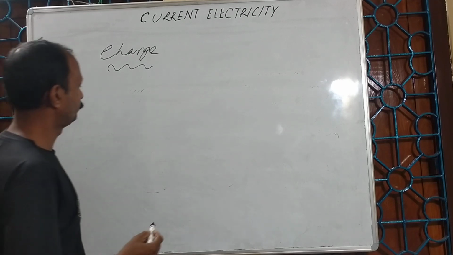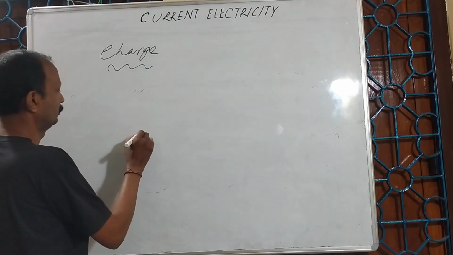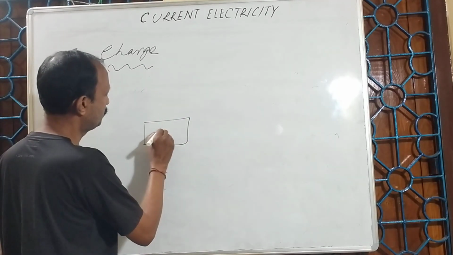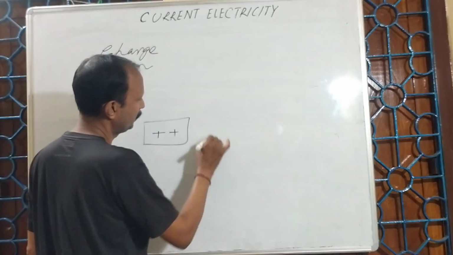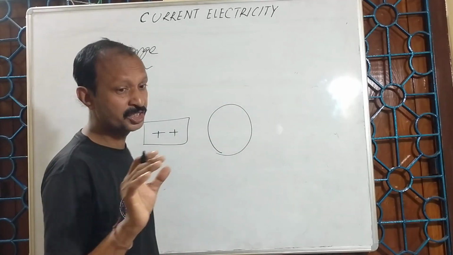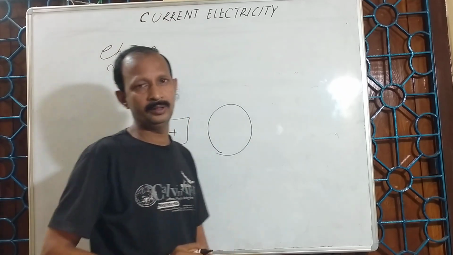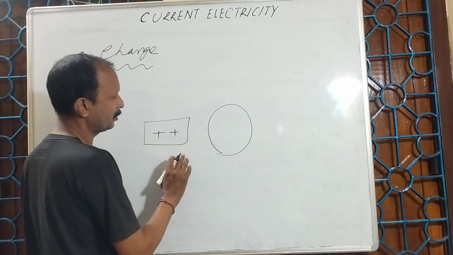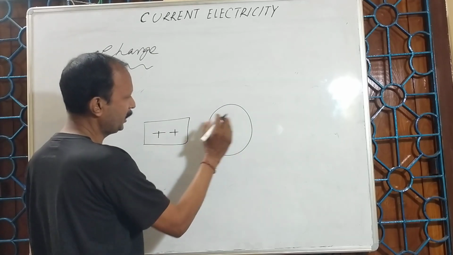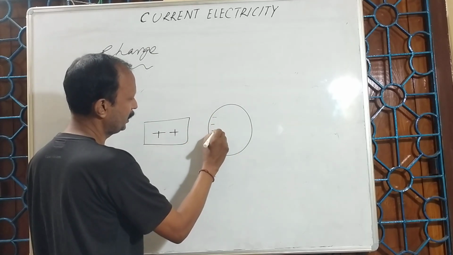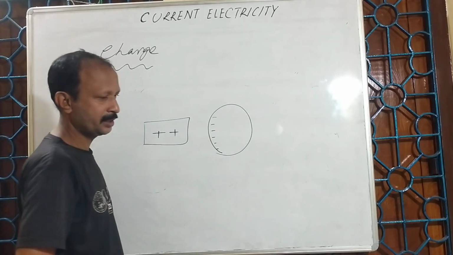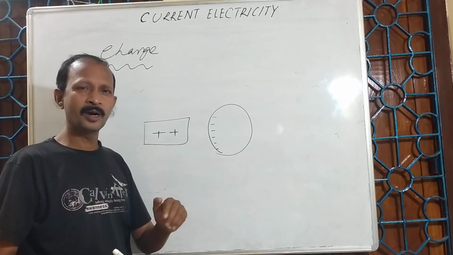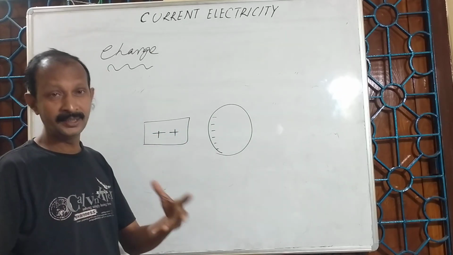Suppose this is a charged body, a positively charged body. It is brought near an uncharged body, meaning a neutral body. If the positively charged body comes here, definitely the negatively charged particles here will be attracted. Why? Because the charged body produces something. What is that something?